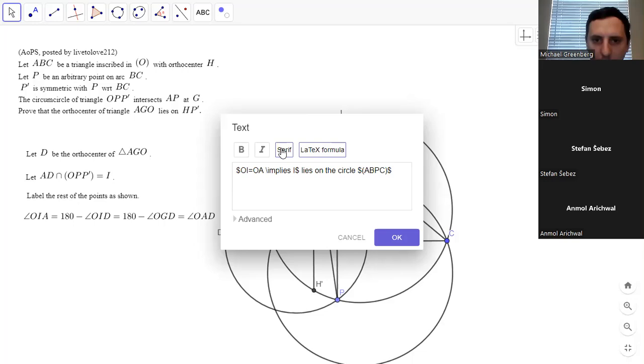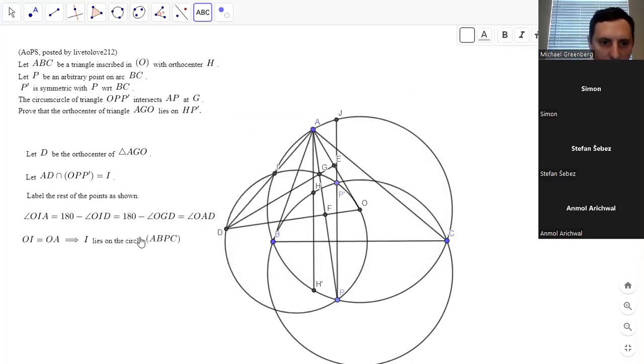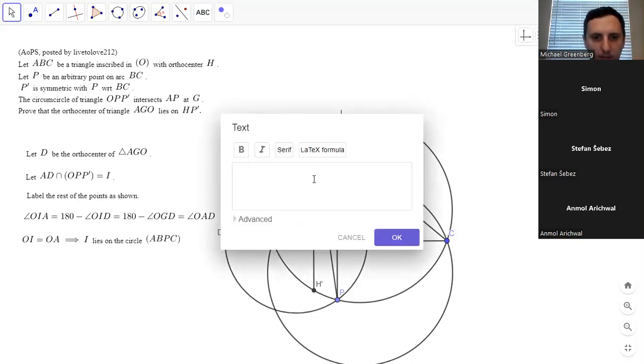Okay. And then we have A H prime P J is an isosceles trapezoid, and H H prime P P prime is also. So A H prime P J is an isosceles trapezoid. So is H H prime P P prime.